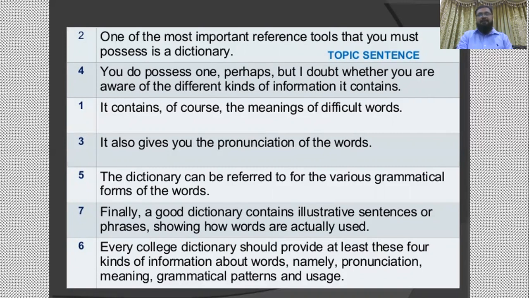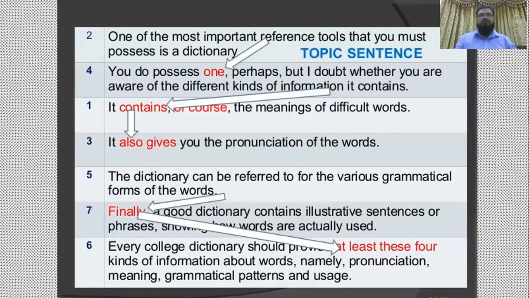Next, the dictionary can be referred to for the various grammatical forms of the words. Now again we have details. Finally, a good dictionary contains illustrative sentences or phrases showing how words are actually used. This is the closing. Now the conclusion is every college dictionary should provide at least 4 kinds of information about words, namely pronunciation, meaning, grammatical pattern, and usage.